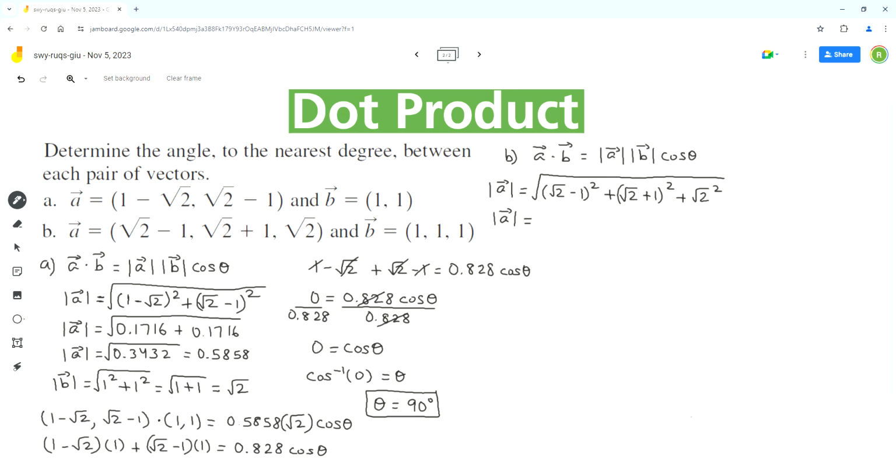Now we can evaluate the terms. The square root of 2 minus 1 and then square the result. So I got this, and now we have to do square root of 2 plus 1 and then square the result. And square root of 2 squared is equal to 2.